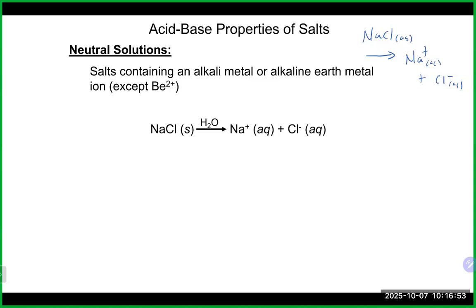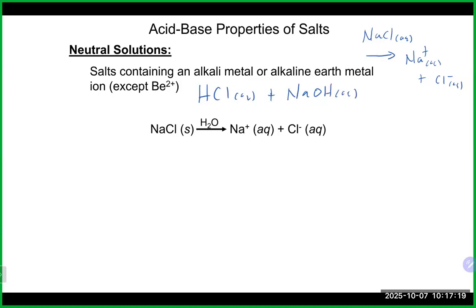Now, if we think about this salt, you could probably imagine the reaction of an acid and base that would produce that. What acid and base might produce this salt? Acid like, what acid has Cl in it? Yeah, HCl seems good. And a strong base that has sodium in it, like sodium hydroxide, right?